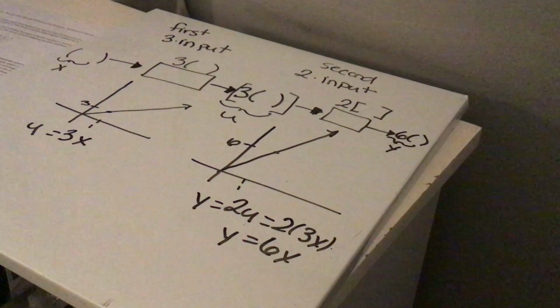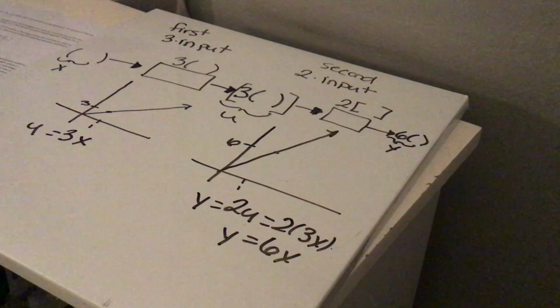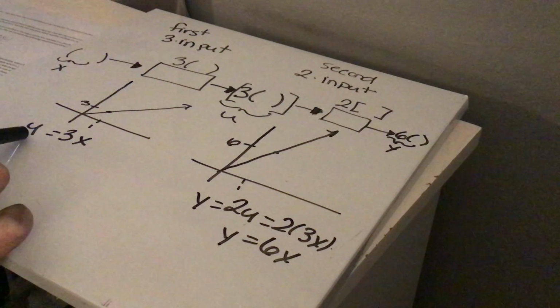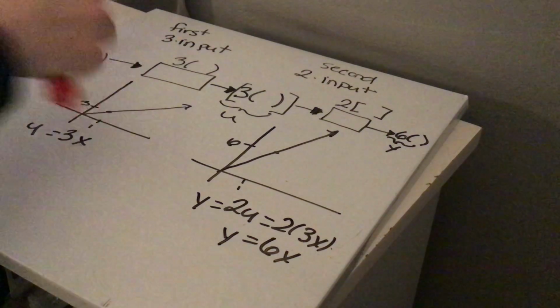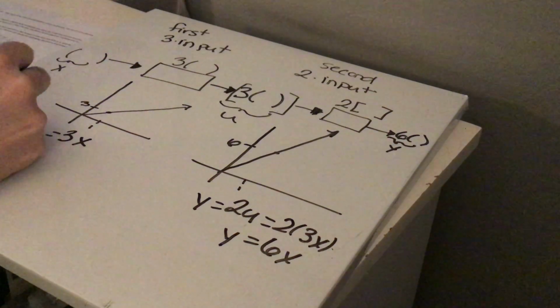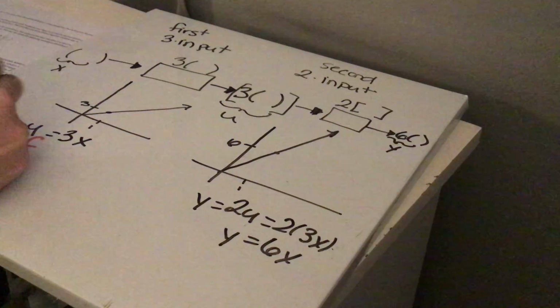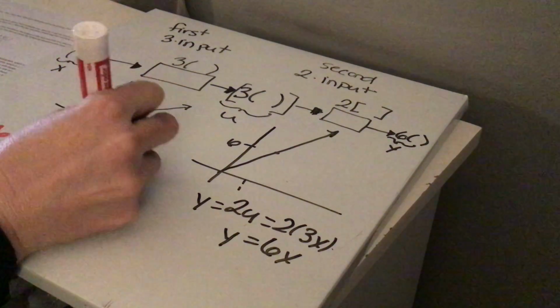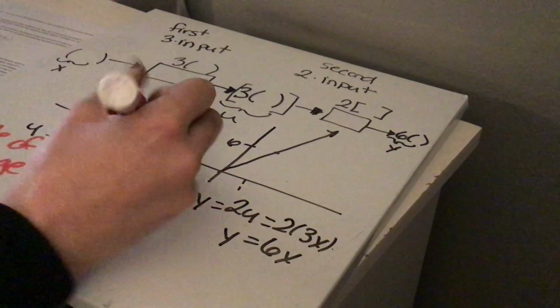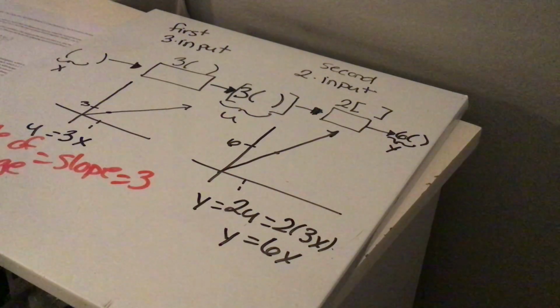So when we look at that, the rate of change of u with respect to x is the slope of this graph, which happens to be 3.